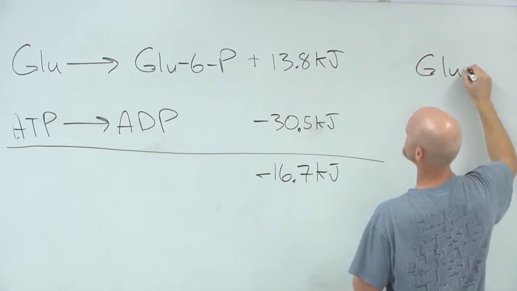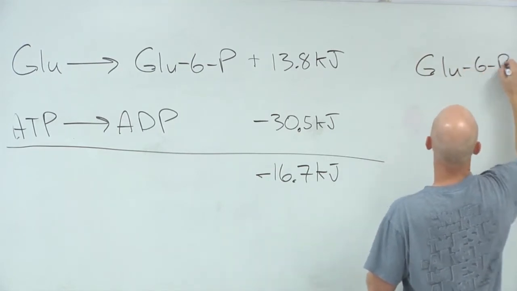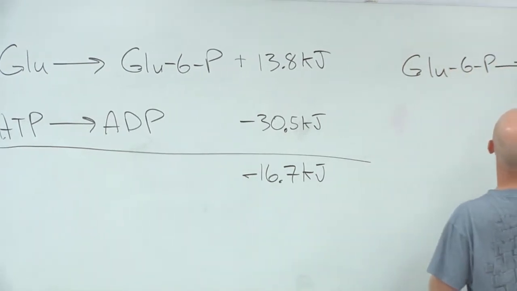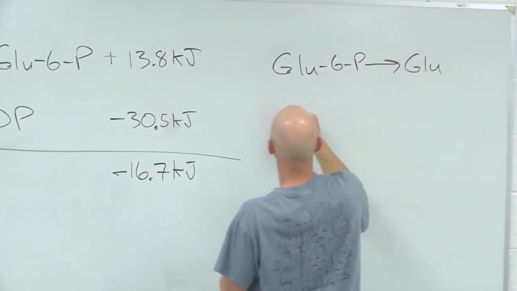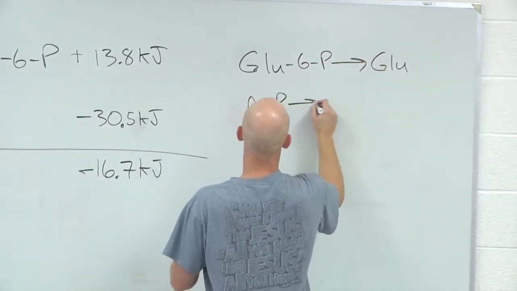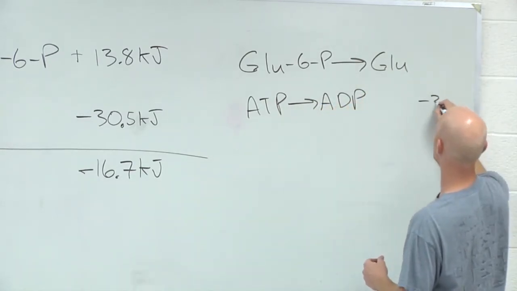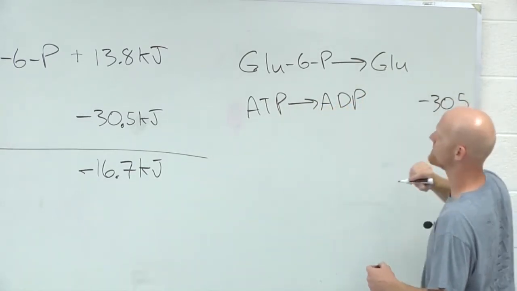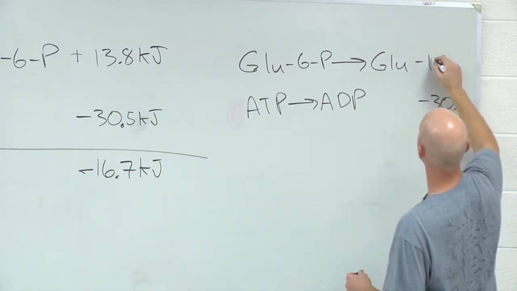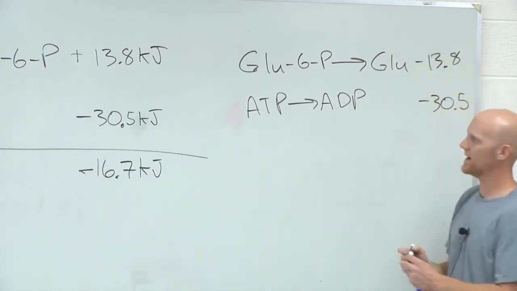Maybe I give you glucose 6-phosphate turning into glucose, and they probably show the inorganic phosphate. And then I show ATP turning into ADP. This would be your negative 30.5. This guy would be negative 13.8.